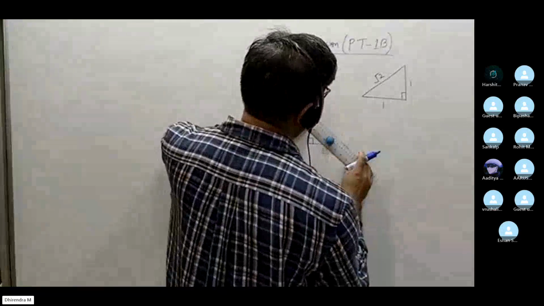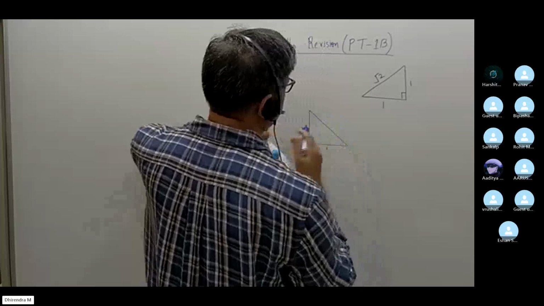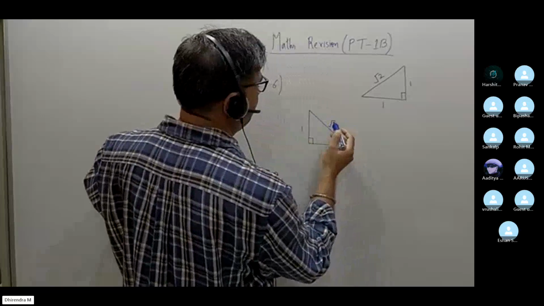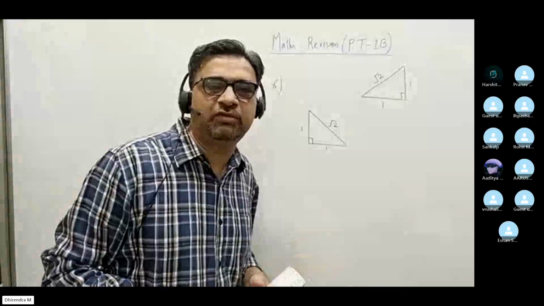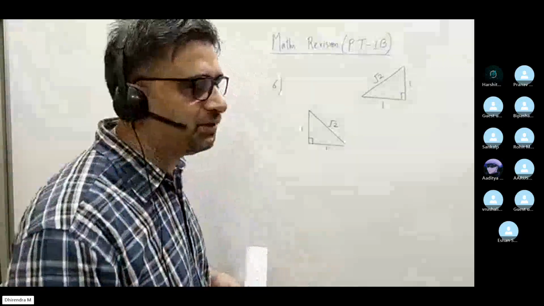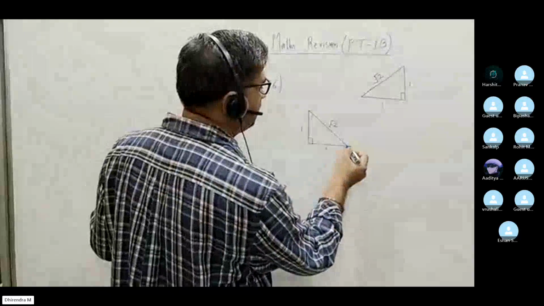So by Pythagoras theorem, you will find that this is root 2. This you should do for small numbers, when it is root 2, root 3, root 4, up until root 5 maybe. Beyond that, use the generic method that we have been using. Or you can use that even here, but I'm just telling you the underlying principle.